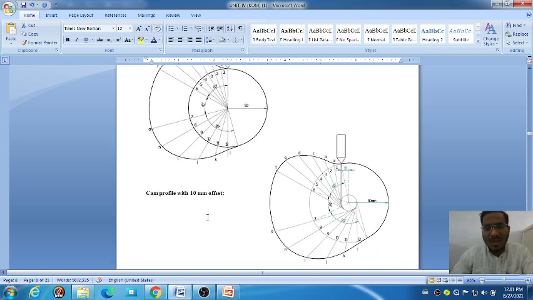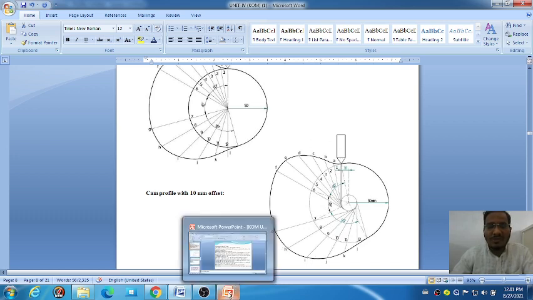Okay, and these are the tracing points. We will discuss it in a later section on the board, or with a hand-made diagram I will definitely show you. Then you can easily draw the diagrams also, no need to worry about this. Okay, in the next class we will definitely discuss it.